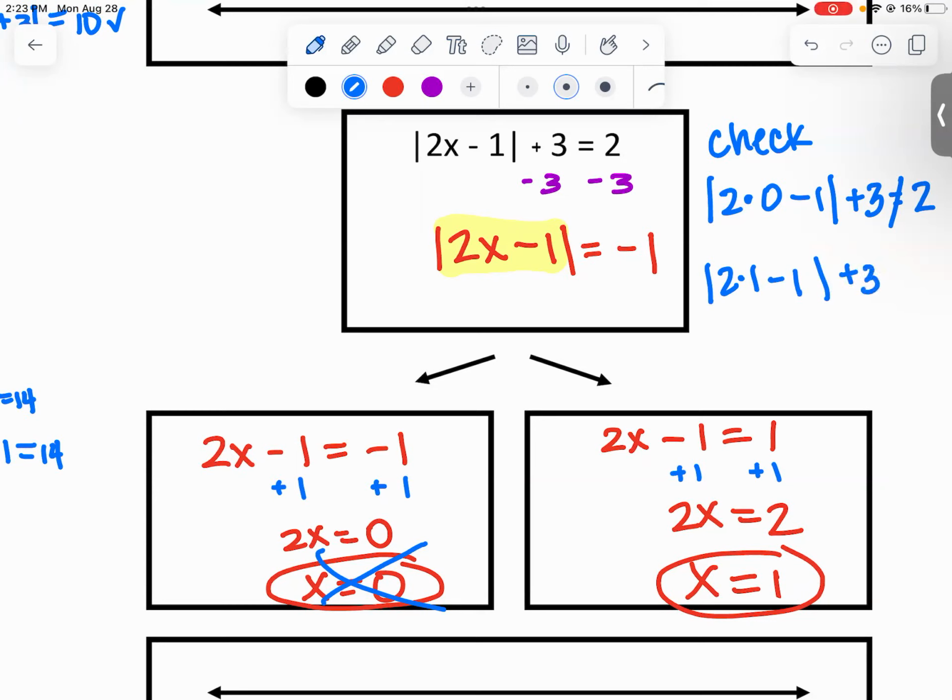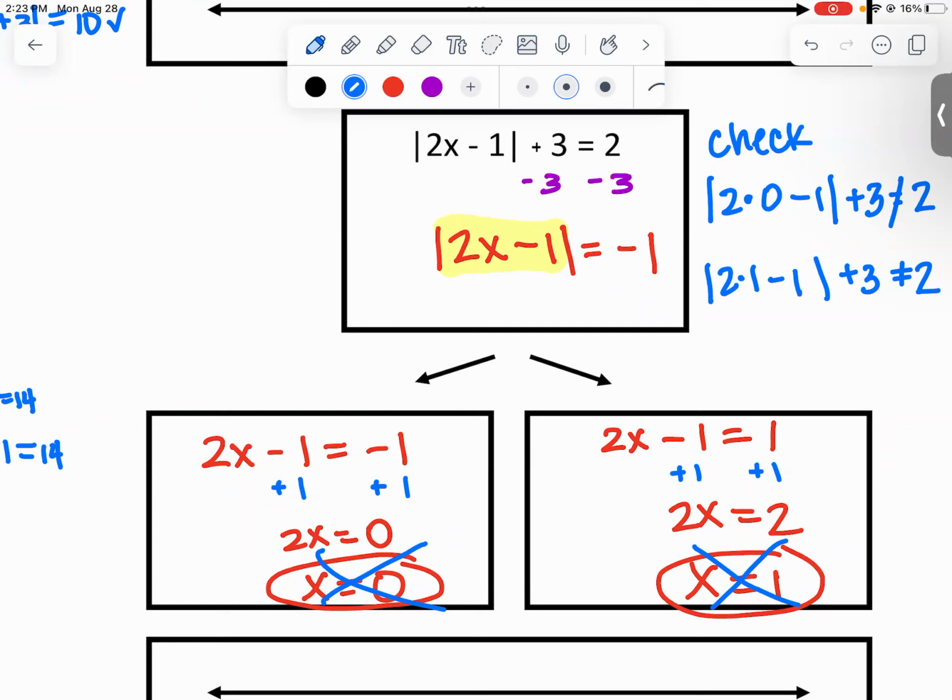Three. No, you still would get 2. Oh, no, I forgot about the absolute value. Why is this happening? It's because of the absolute value.